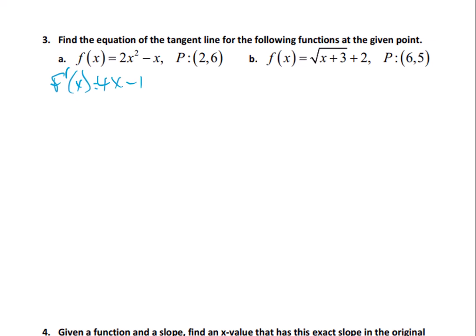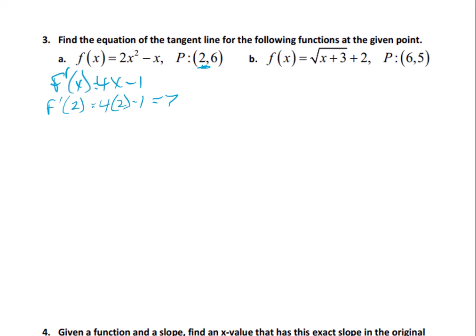Now that says I can calculate the slope at any value for x. Well, I know my x value is 2 over here, so f prime of 2 equals 4 times 2 minus 1 equals 7. So I know when x is 2, the slope at that one point is 7.